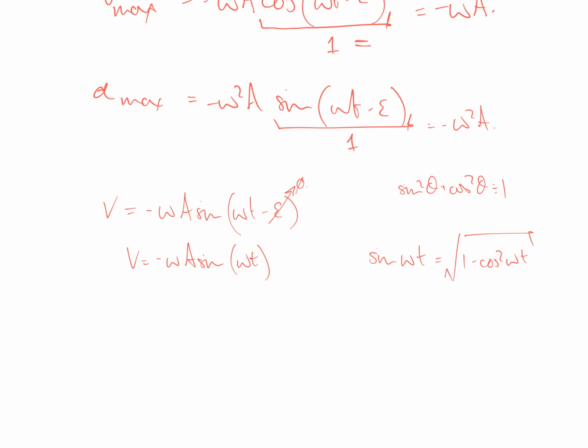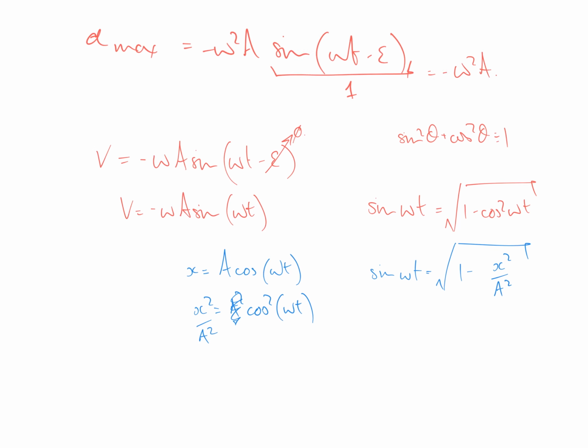If I know that a cos omega t is going to equal my x, and x squared is a squared cos squared omega t, then if I substitute into here, sine omega t equals the square root of 1 minus x squared divided by a squared, which I hope you can see I've divided through by a and I've substituted into there.